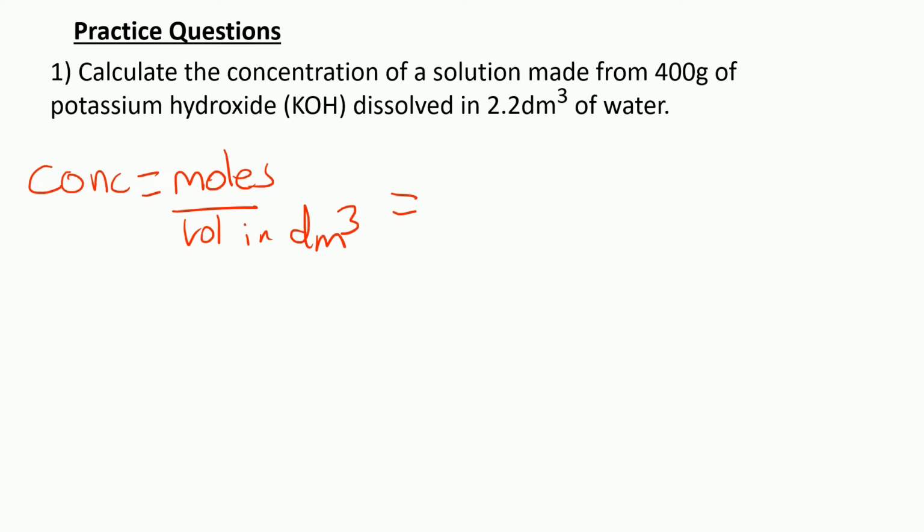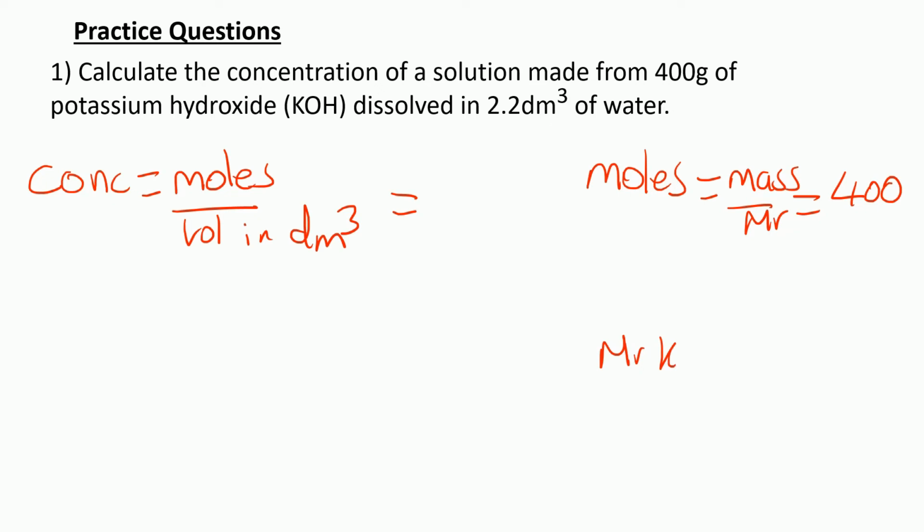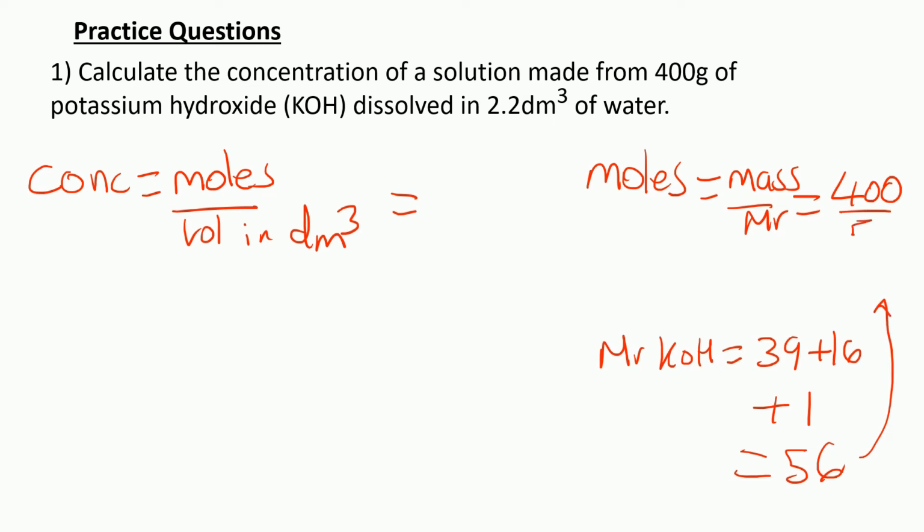So we do moles equals mass over Mr, which is 400 divided by the Mr of potassium hydroxide, which is 39 for potassium plus 16 for oxygen plus 1 for hydrogen, which comes to 56. So coming back to this equation here, moles is mass over Mr, which is 400 over 56, and that is 7.14 moles.